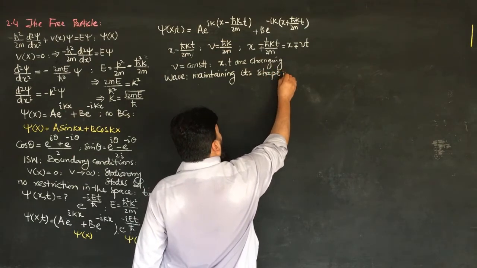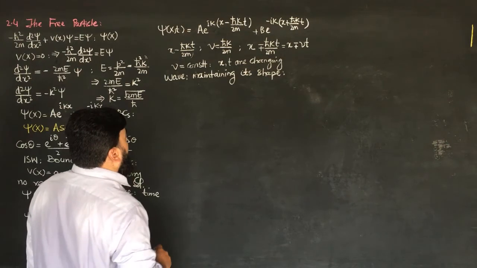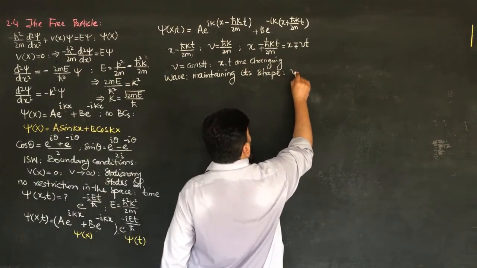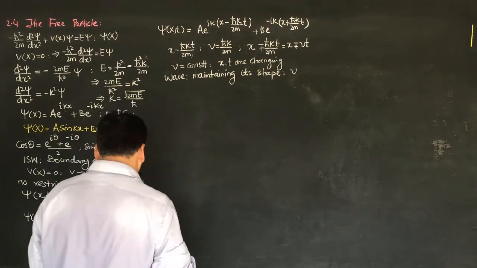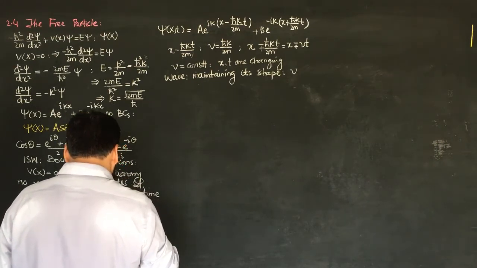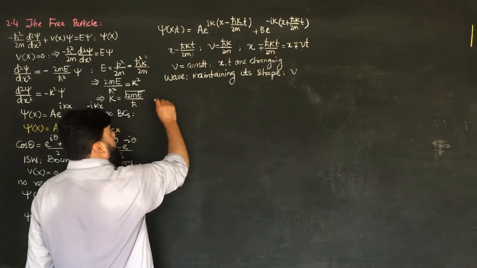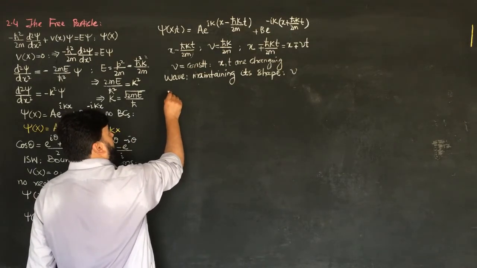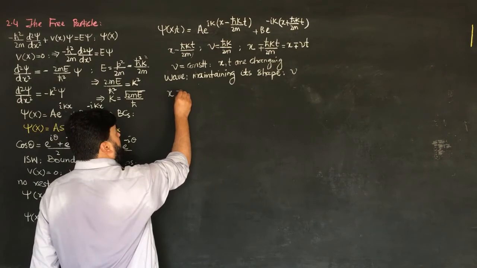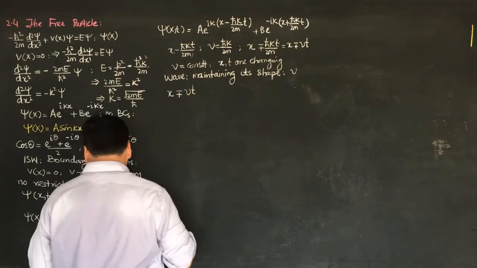Means all parts of the wave are traveling at the same speed, and that same speed is equal to v, and we have the expression x minus-plus vt.